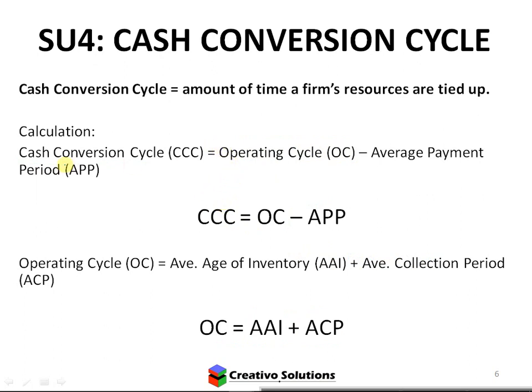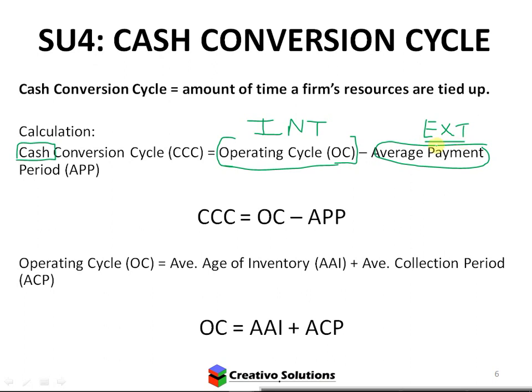So if I'm looking at cash, and at how soon a company realizes cash, converting cash into a product and into cash again: operating is internal, and then you've got the average payment period, which is external. You don't have too much say in terms of when you must pay your creditors.